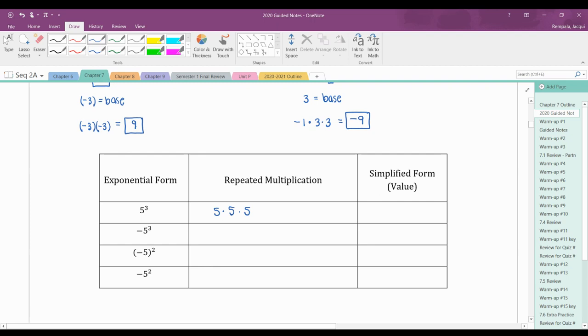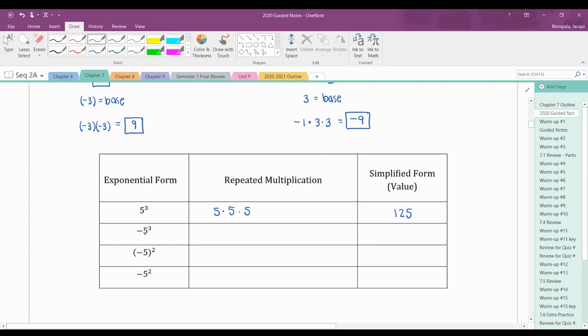So 5 times 5 times 5 is that repeated multiplication. If I then ask for a simplified form, we can take our calculator and multiply 5 times 5 times 5. In your calculator, that turns out to be 125. So that's my simplified form.